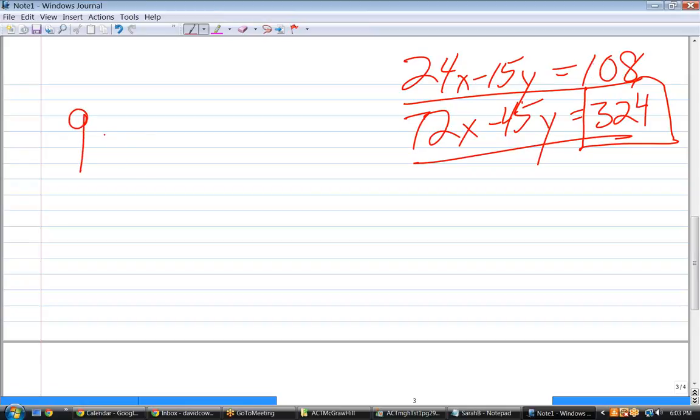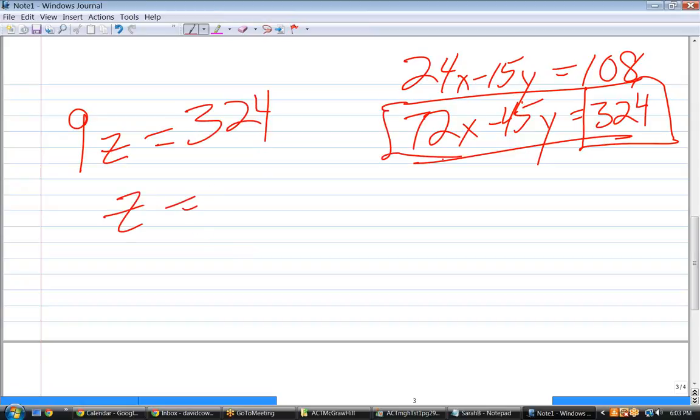And they're saying 9z has to be that number, 324. So what value of z would make that second equation exactly the same as the first equation? So then you'd have to divide 324 by 9.